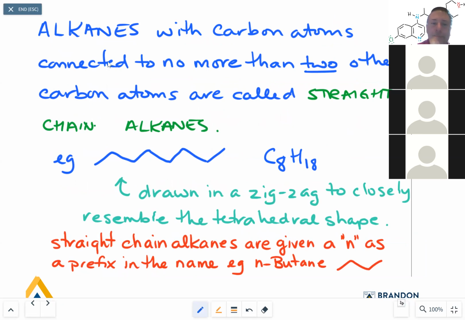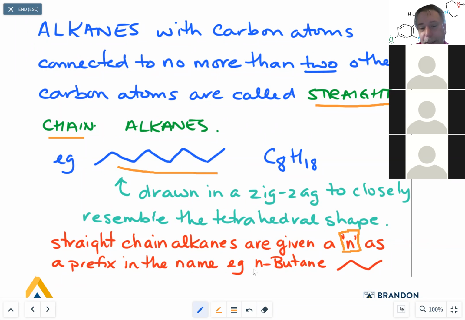So if your alkane is only connected to a maximum of 2 carbons, and we draw it in this zigzag fashion, we call these straight chained alkanes. And they're given a little prefix. If you ever go in the lab to get some hexanes, which is 6 carbon, and you look at the bottle and there's a little N in front of it, that means all of the hexanes in that bottle should be straight chained.